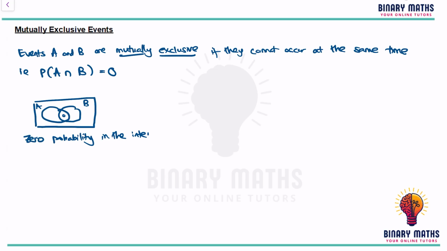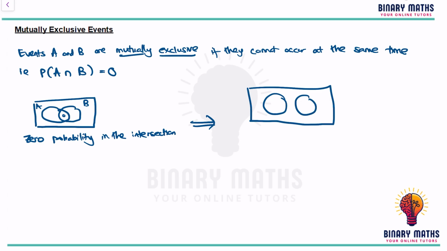Zero probability in the intersection implies, if I were to draw it out, because the probability is 0, then we should draw it separately. So A and B have no intersections. So events have no overlap. So if A and B are mutually exclusive, then you can draw them separately without an intersection.